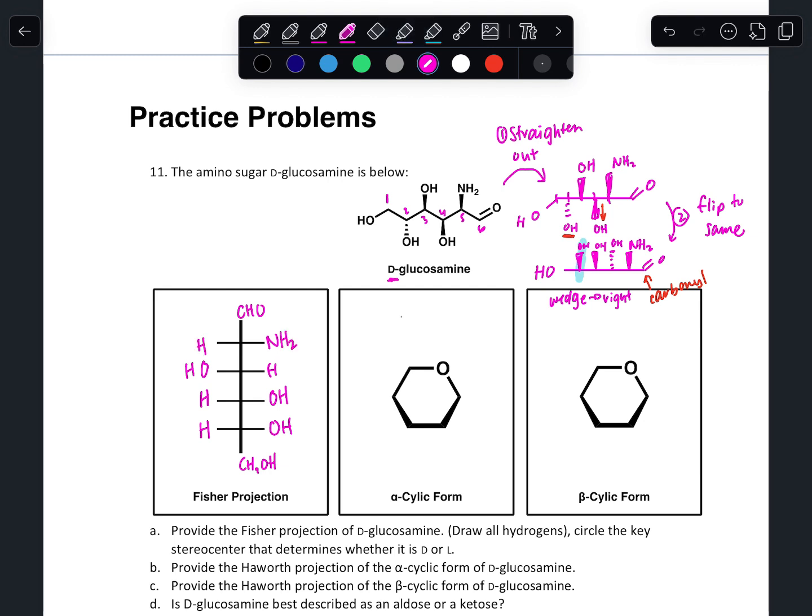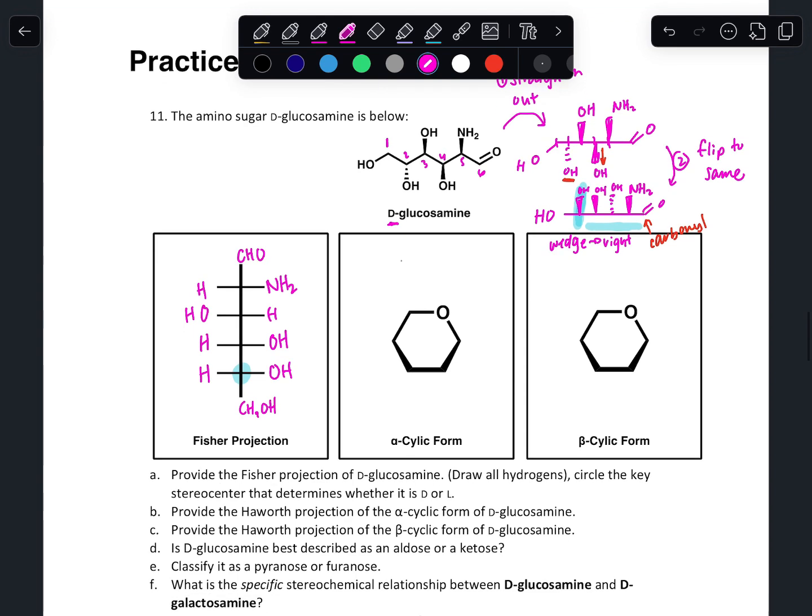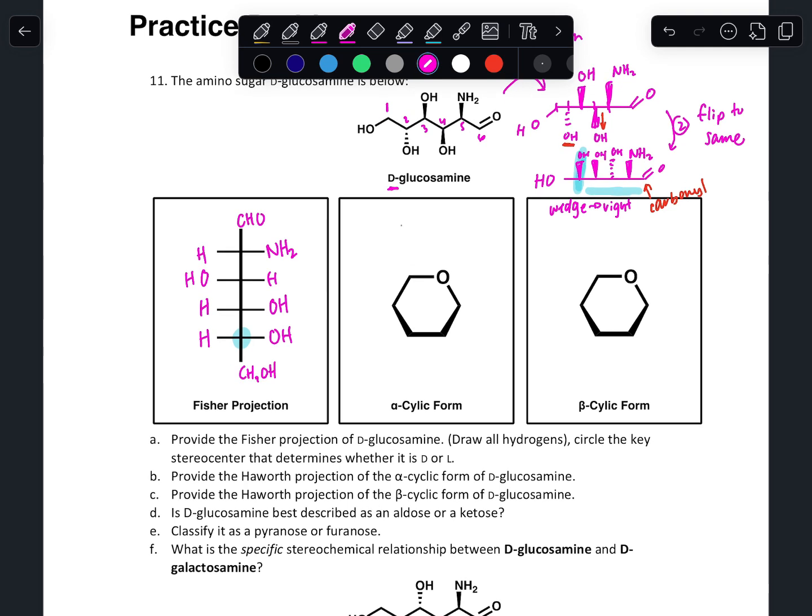And so which carbon is this key stereocenter that determines whether it's D or L? It is this carbon here, which is the furthest from that carbonyl. And a carbonyl is just the double bonded oxygen. So moving to our cyclic form. The alpha tells us the direction of the hydroxy on the anomeric carbon.